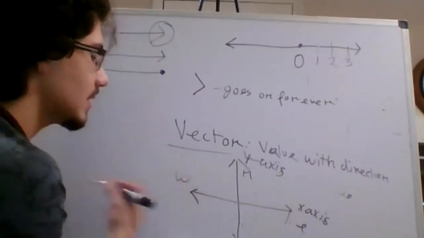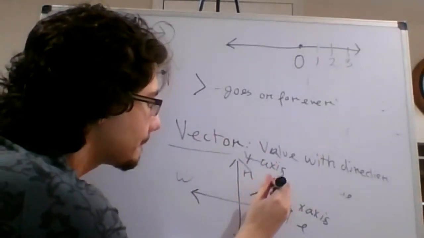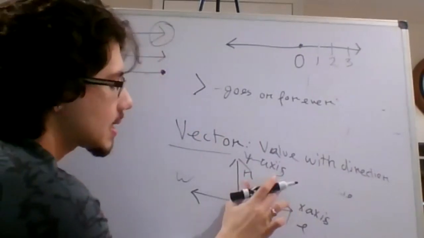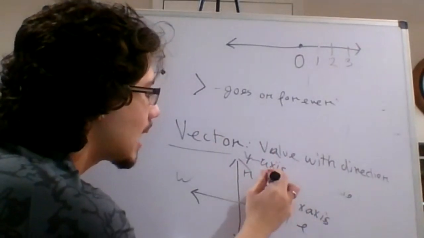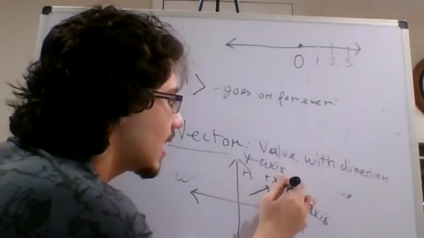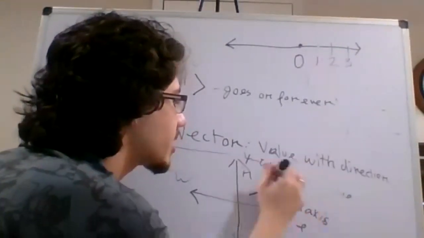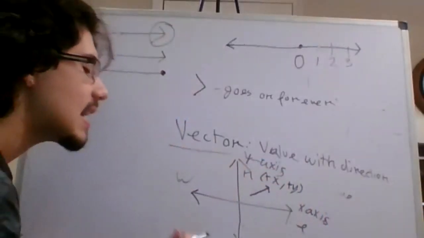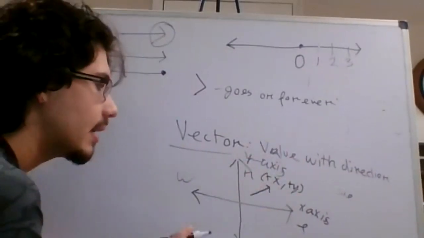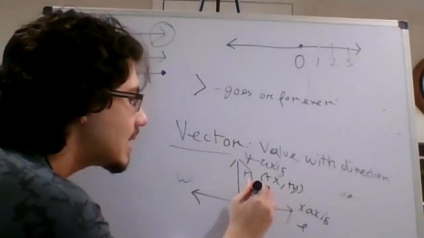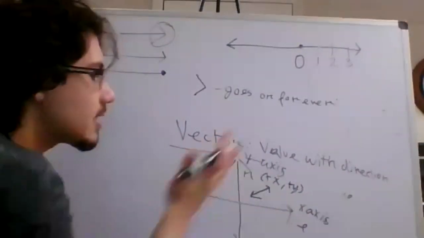So what we would say is that if you were traveling northeast at a certain speed, it would be a positive speed in the x direction and a positive speed in the y direction. If you were traveling negative speed in northeast, what it means is that you are traveling against northeast.